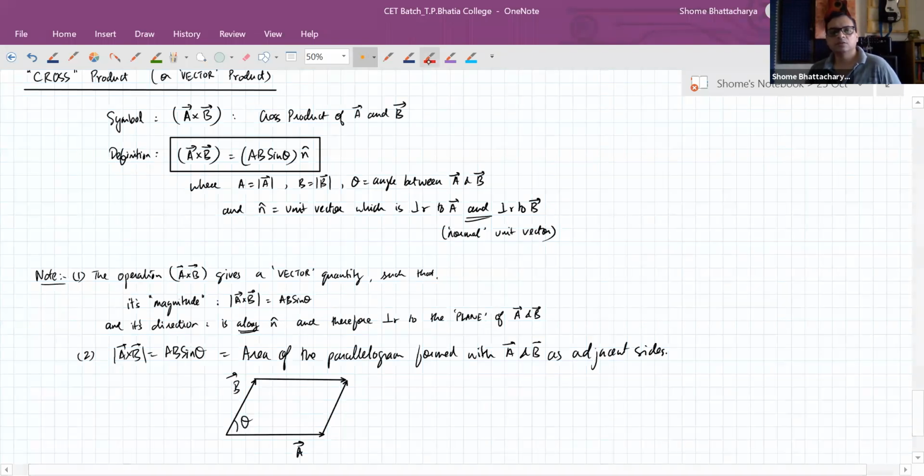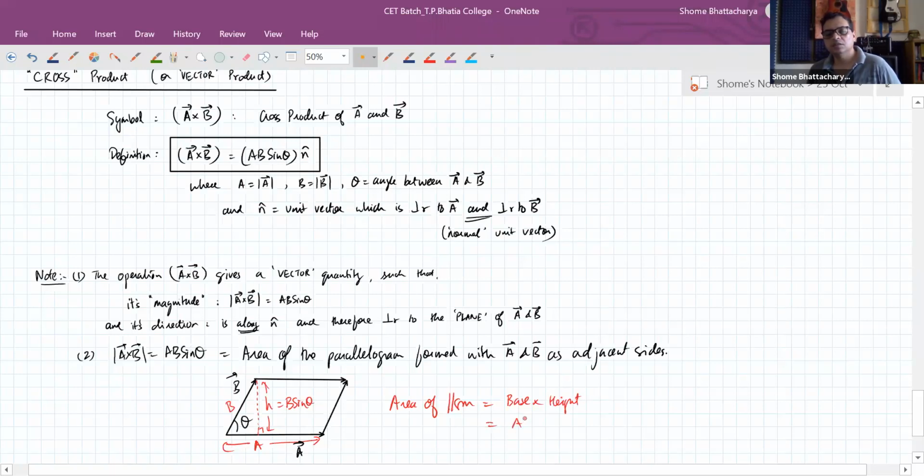For this parallelogram, if you drop a perpendicular here, this height is nothing but B sine theta, and the base below here is nothing but A. So the area of the parallelogram is base into height, double the area of the triangle.